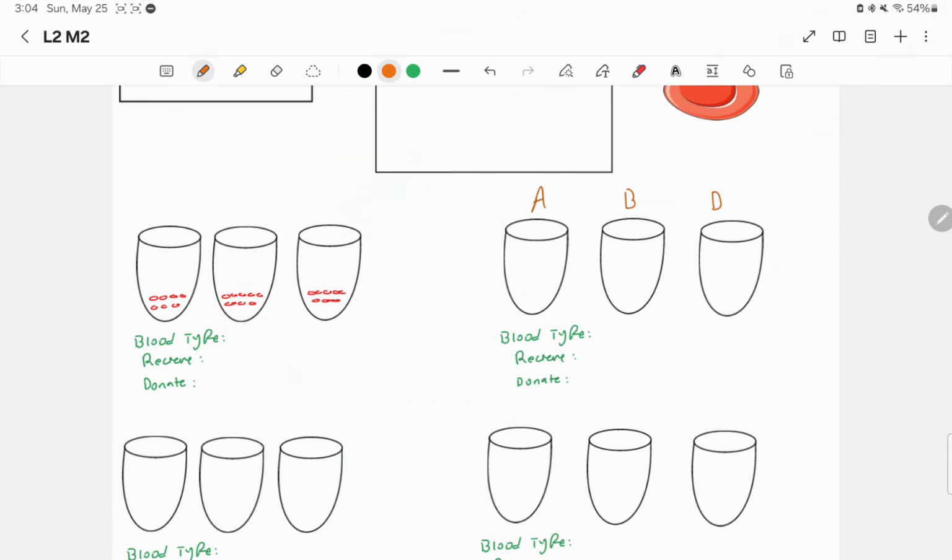Remember, we're assuming that we're only doing the ABO and the rhesus factor. So we're going to test in this one for antigen A, in this one for antigen B, and in this one for antigen D, okay? Remember, there's no O antigen. O just means that there's nothing. How am I going to do that? How am I going to test for the antigen?